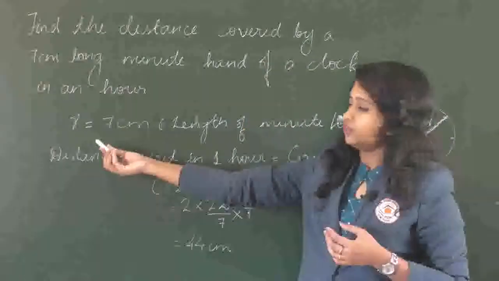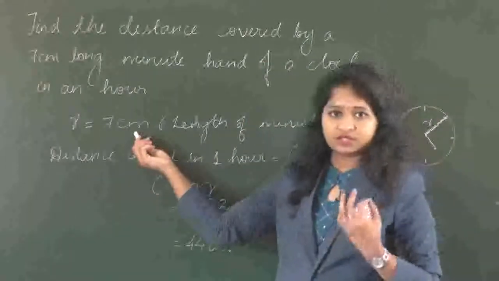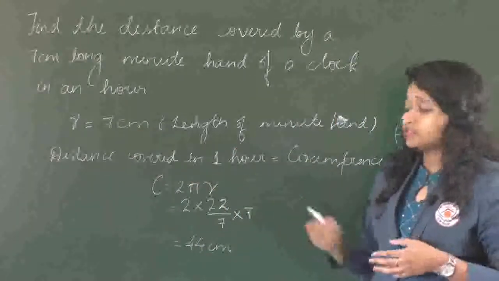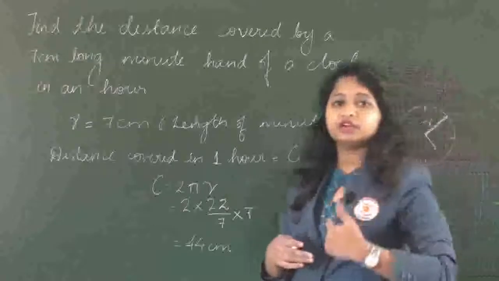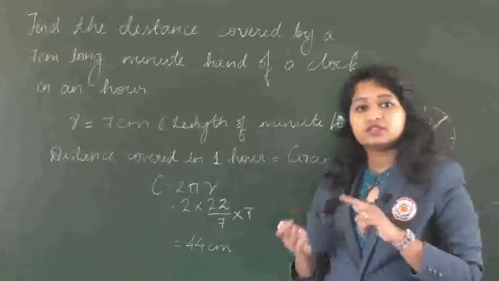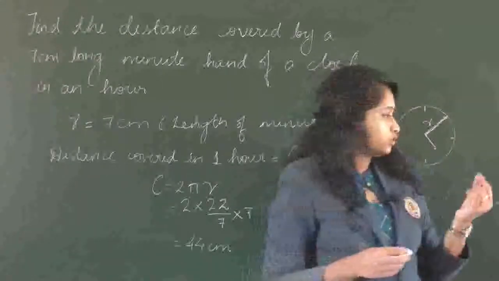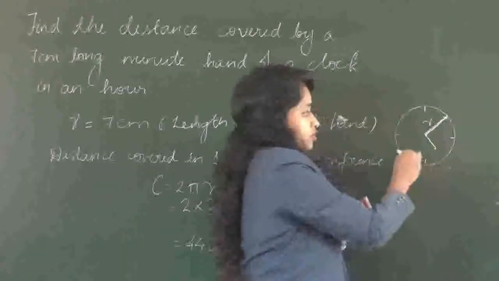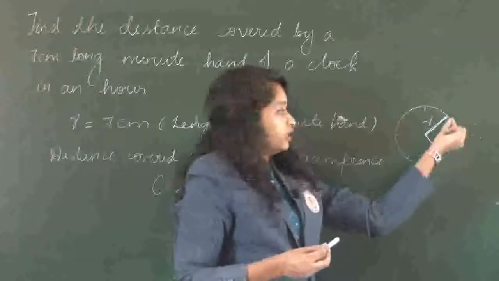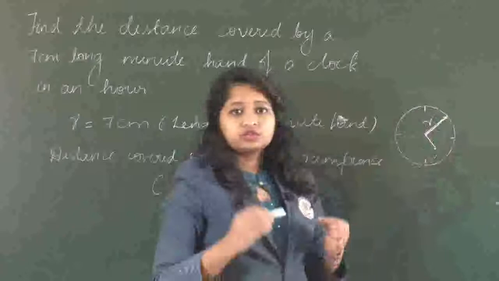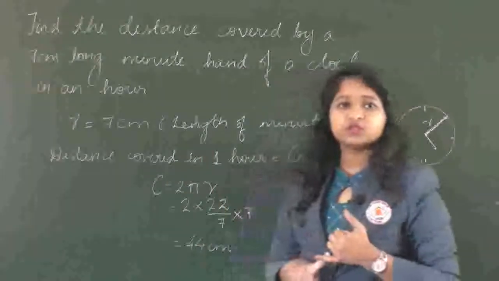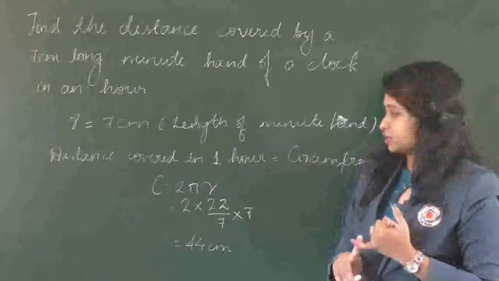So the radius is 7 centimeter, which is the length of the minute hand. The distance covered by the minute hand of a clock in 1 hour is equal to the circumference of the circle. So this minute hand moves in circular motion and it moves through the circumference of the circle. So the distance covered will be equal to the circumference of the circle.